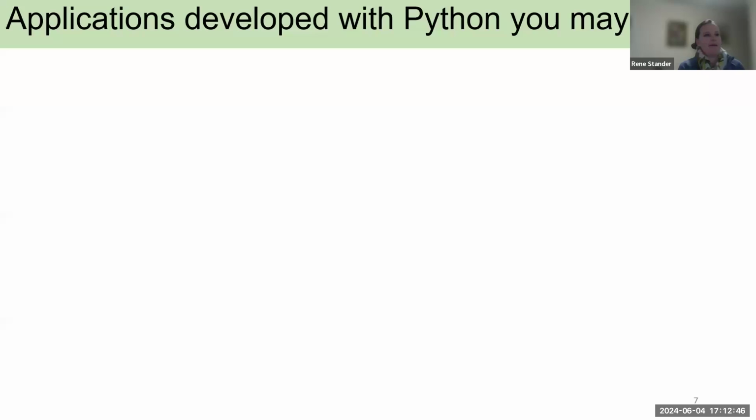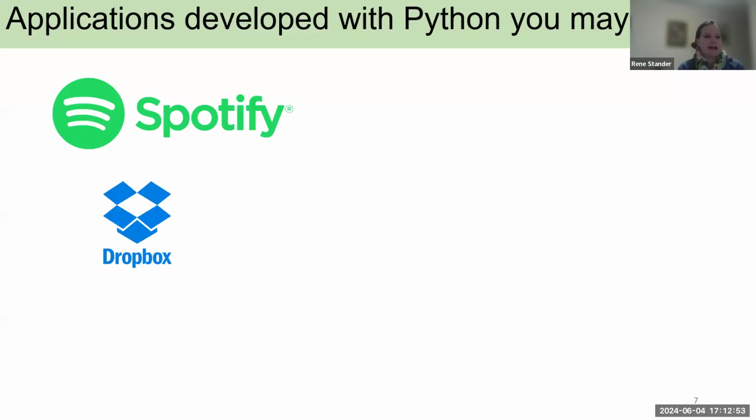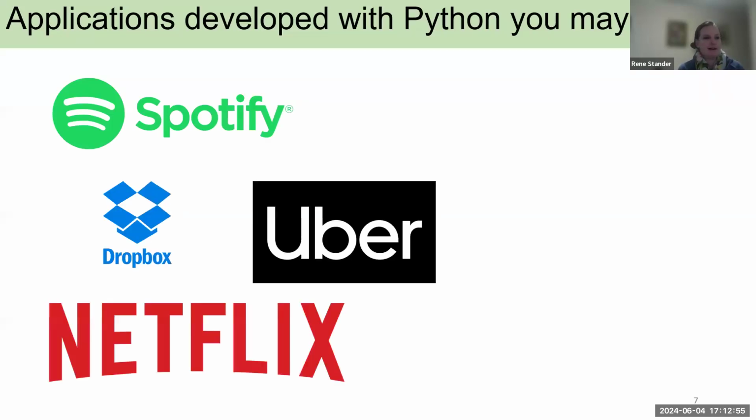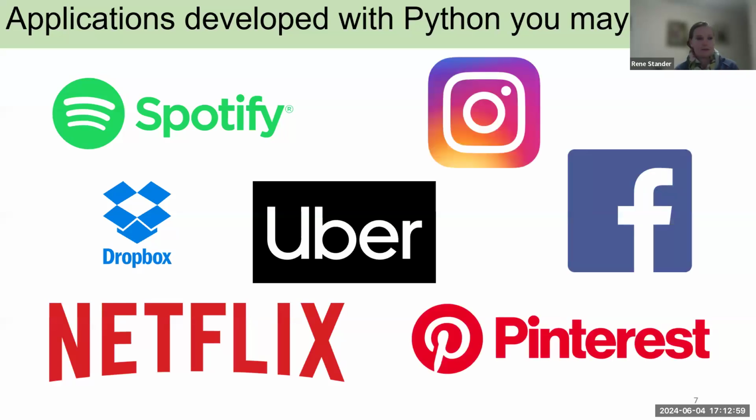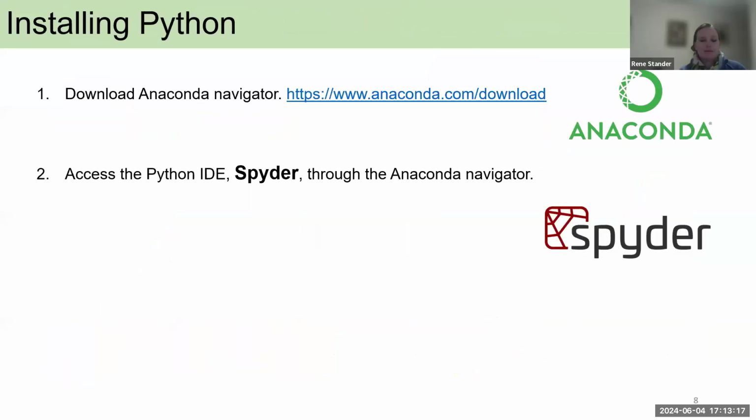Some apps that you might know had part of their development in Python, quite popular ones: Spotify, Uber, Netflix, Pinterest, Facebook, and Instagram. Some of them have smaller parts written in Python than others, but Python did play a role in all these app developments.